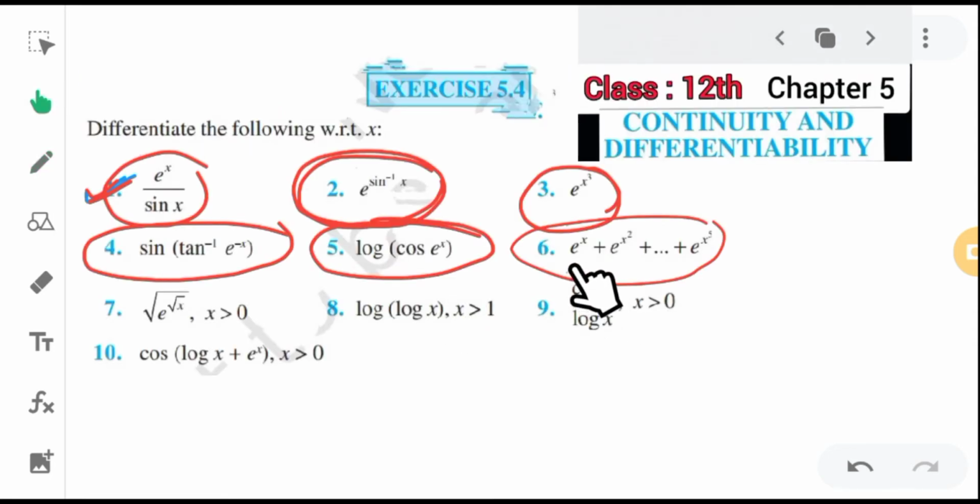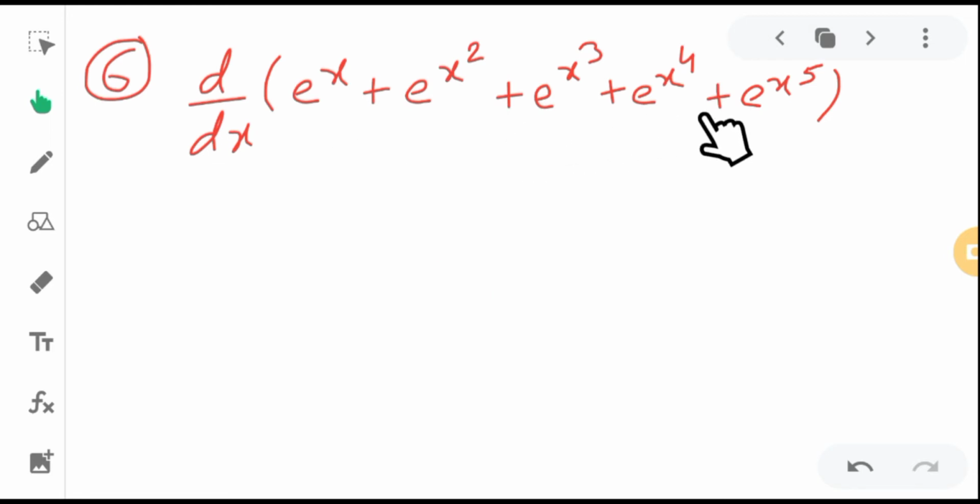This is like e to the power x, e to the power x square, and so on till e to the power x power 5. I wrote it in expanded form because we have to separate each term, correct?